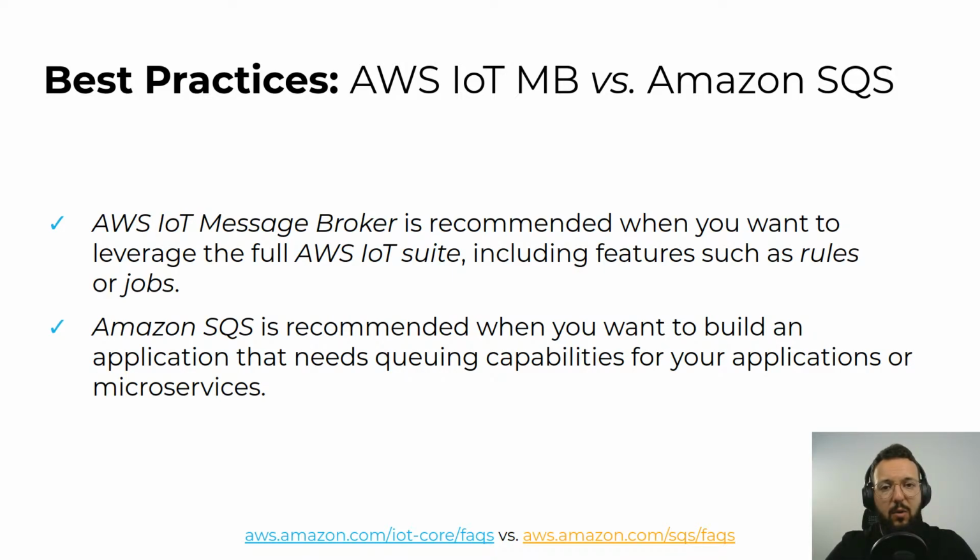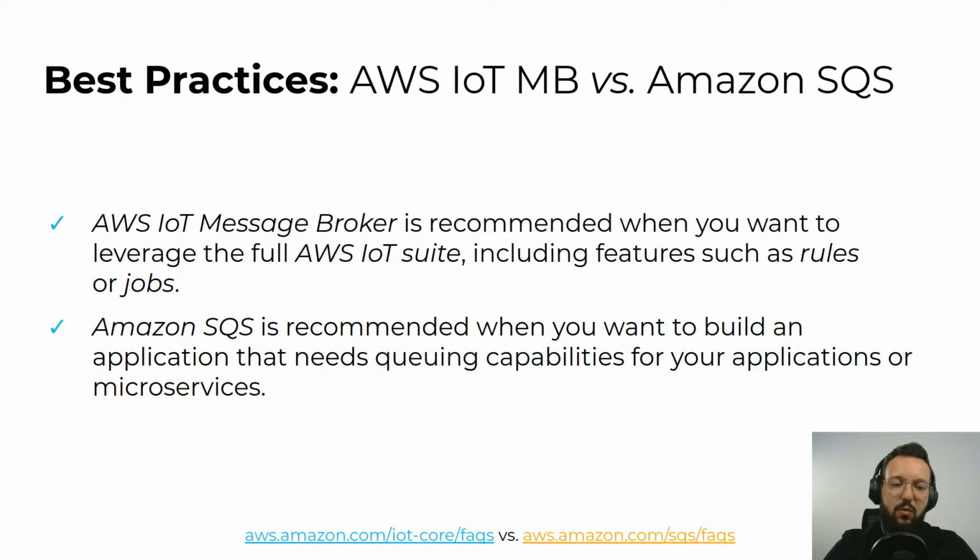The difference between SQS and IoT Message Broker is even simpler. IoT Message Broker does not provide queuing capabilities. So the distinction between those two services is really simple. If you need queues and a decoupling mechanism that allows for queuing with retention, SQS is the way to go, especially if you are building the service from the ground up, from zero, and you don't have an existing message broker.